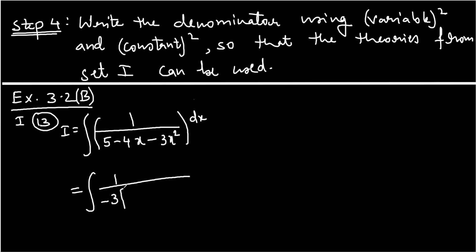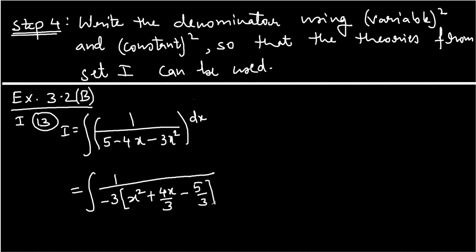So what do I do? I take minus 3 common. When I take minus 3 common, I get x square here. Then the negative sign will become positive, so it will become 4x, and since there is a 3 common factor, I will get 3 in the denominator, and plus 5 will become minus 5 by 3.